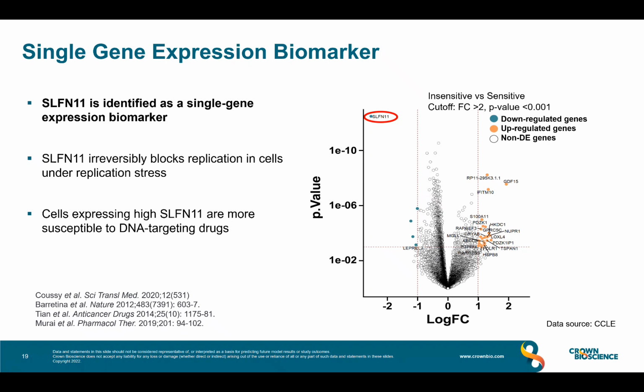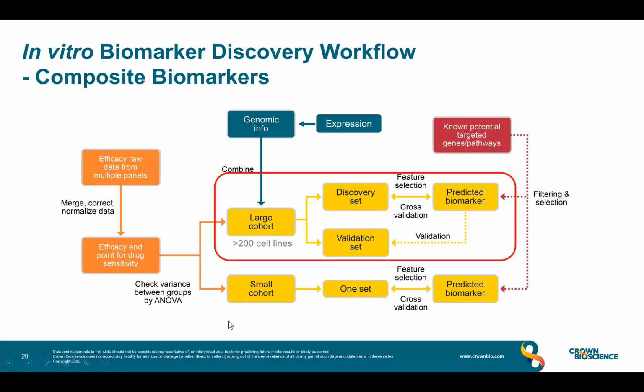SLFN11 irreversibly blocks replication in cells under replication stress, and its high expression is a common single gene biomarker for DNA targeting drugs, which has been reported in different literature. However, we have a more sophisticated method to investigate composite biomarkers that work more precisely in prediction accuracy.